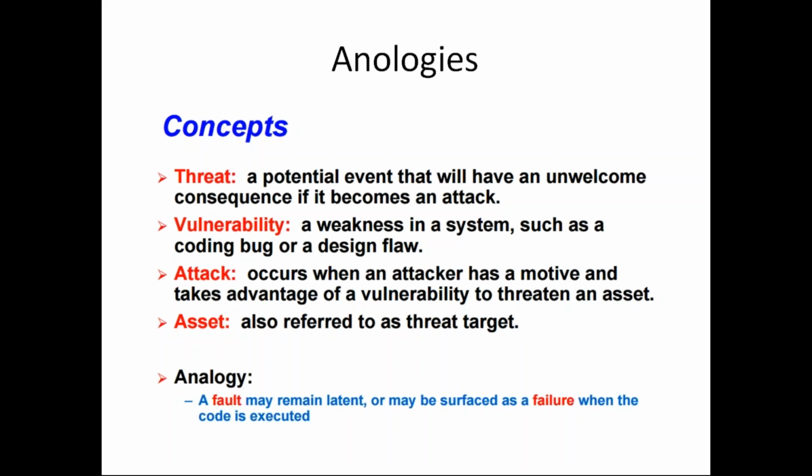It can be a database application, a web server, a browser interacting with your system, or an app interacting with your system. Something physical or non-physical can be named an asset. Fault or failure is regular testing terminology.